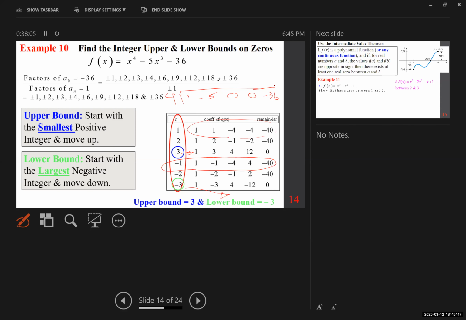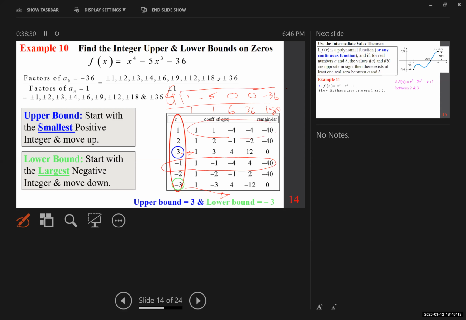We get 1, 1, 6, 36, and 1. So if we change this to number 6, we end up with, one more time, 1, 1, 6, 36. So that means what, everybody?